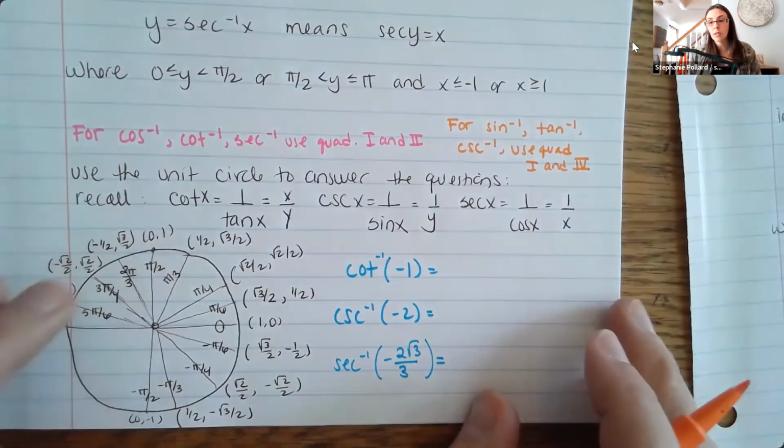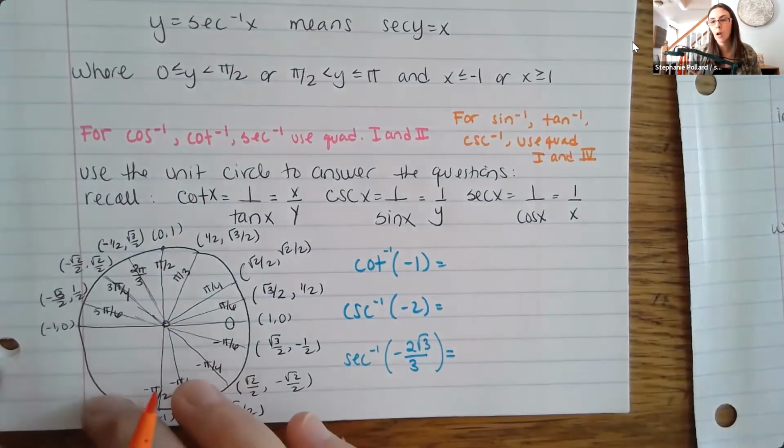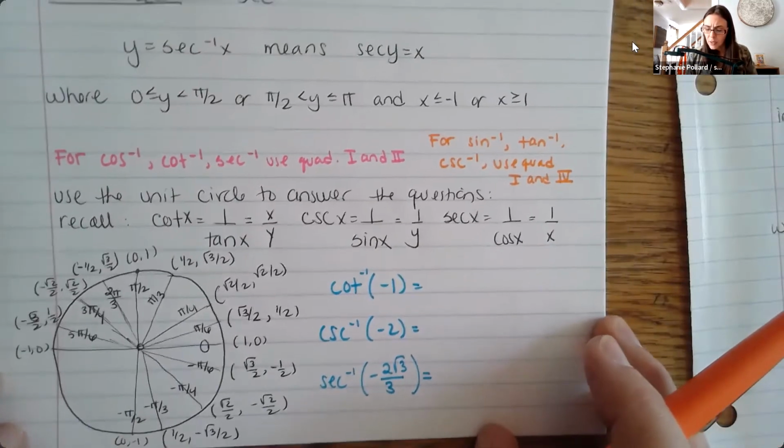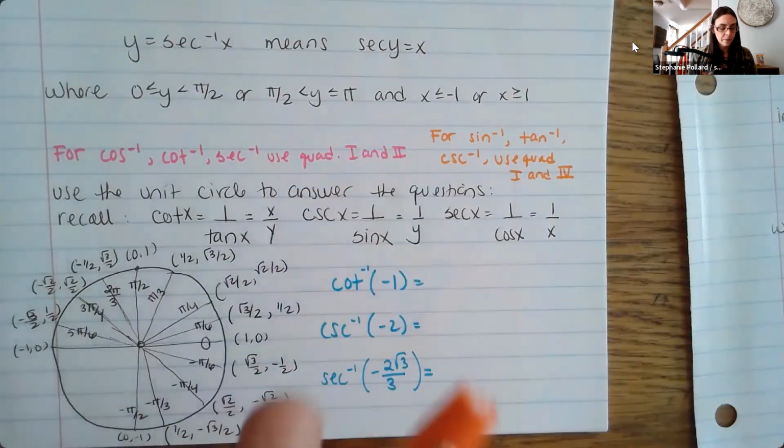So for inverses, we actually don't need quadrant 3. If you look at all the domain restrictions we have of the original functions, they're either between negative pi over 2 and positive pi over 2 in general, or 0 and pi. So that's why I didn't fill in the third quadrant here, just because it's not really necessary for inverse functions. So that will just kind of help narrow things down a little bit.